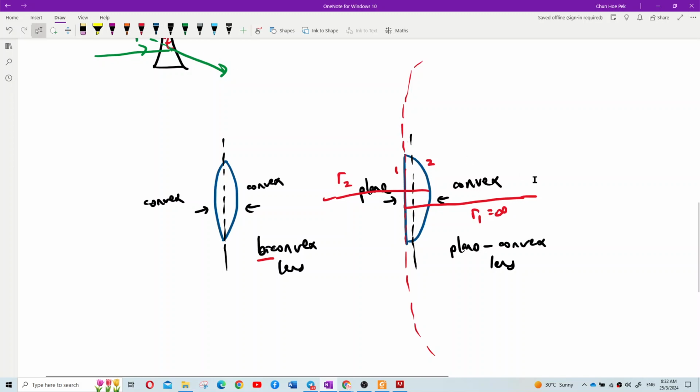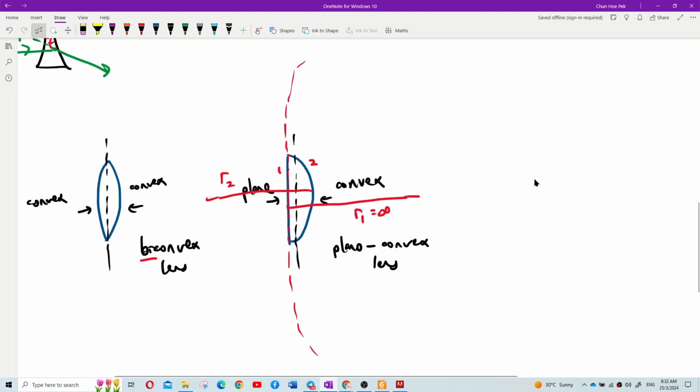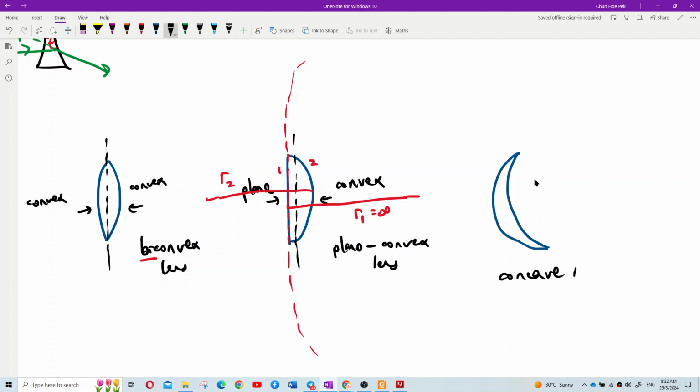Then we also have this one like this. See this one, like a crescent moon. I want to ask you which one? Is this one called concave meniscus, or is it called convex meniscus? Which one, class?